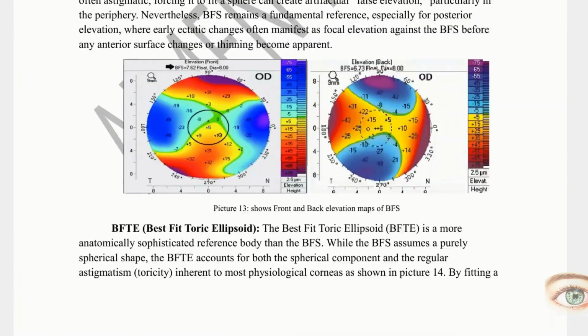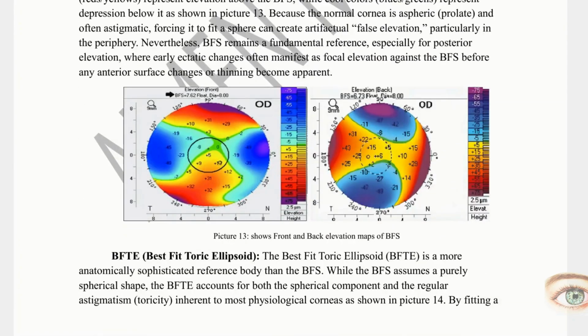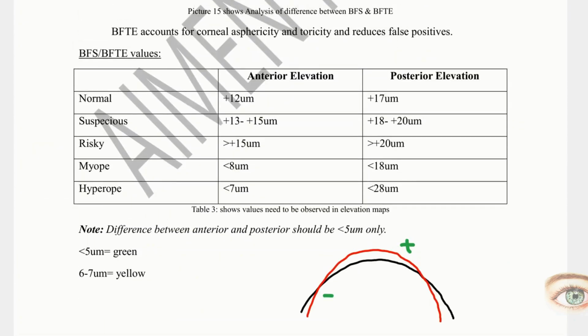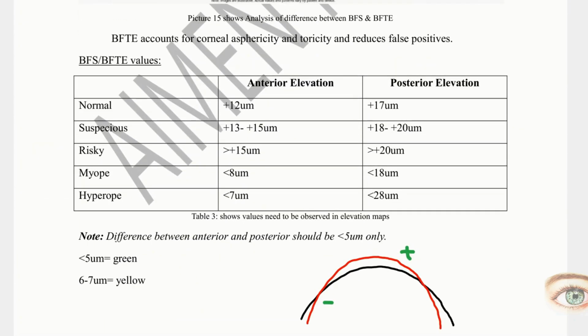So these were the maps, and you have to look for normal values. So I have made this chart. The normal values in the anterior elevation is +12, and in the posterior it's +17, and it is suspicious if it is between +13 and +15 in the anterior and +18 to +20 in the posterior elevation.